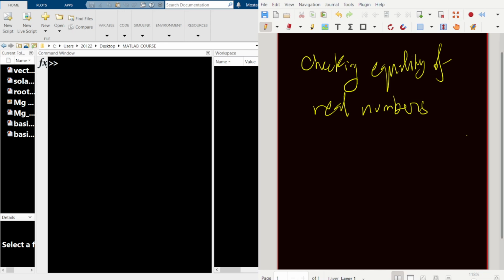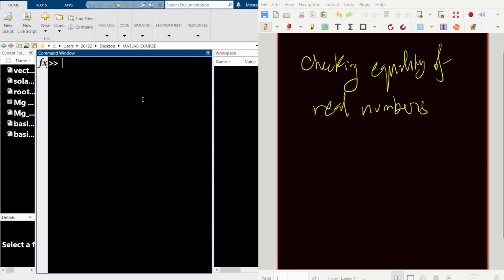Suppose we check a calculation in MATLAB here. Before doing this, I'm going to type format long. The purpose of format long is that it shows the real number up to about 17 digits.